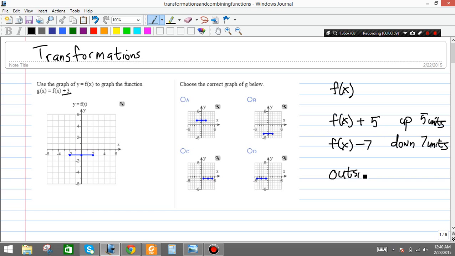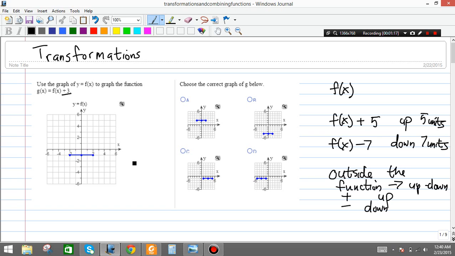So outside the function means up, down, and positive means up, negative means down.